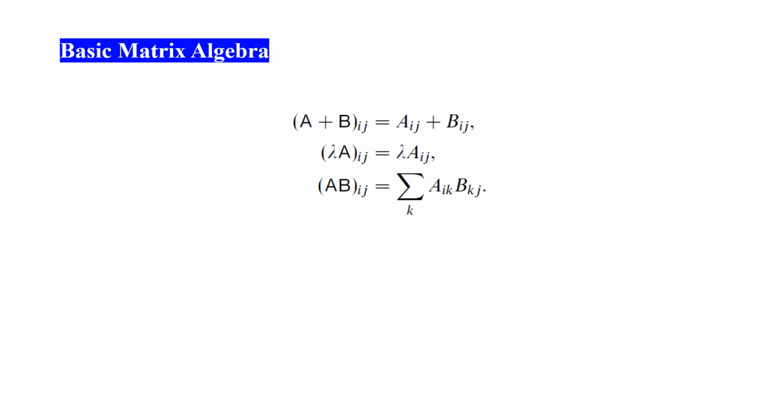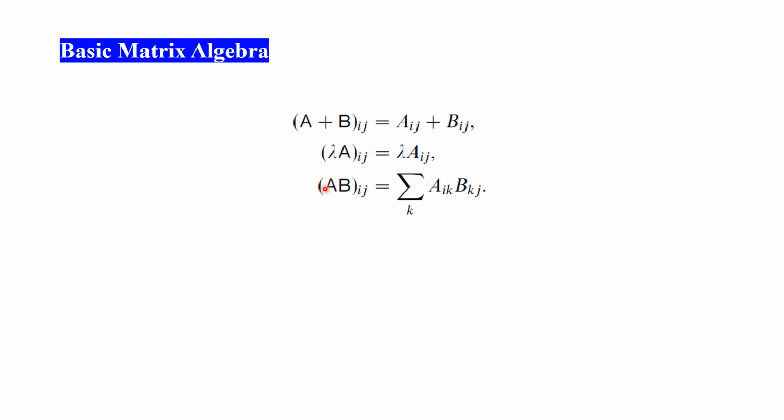Now, these are some of the basic matrix algebra that you can do. First we have (A plus B)ij that's equal to aij plus bij. This is your matrix addition. Next you have (lambda A)ij that's equal to lambda aij, and this is matrix multiplication by a scalar.